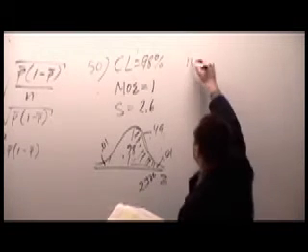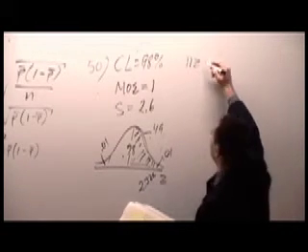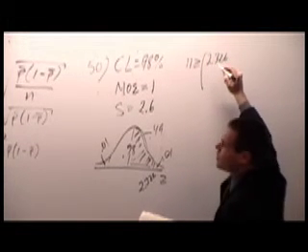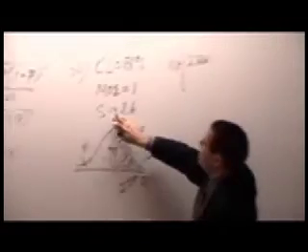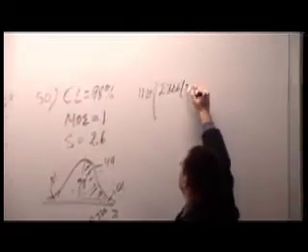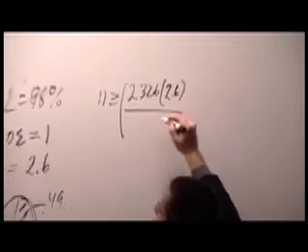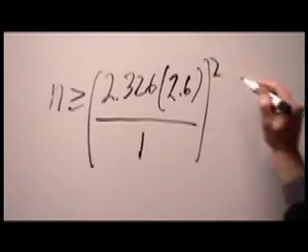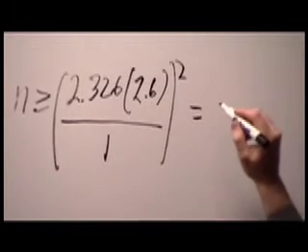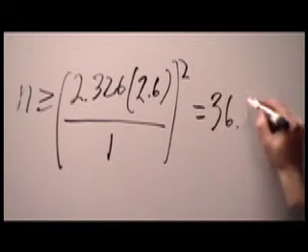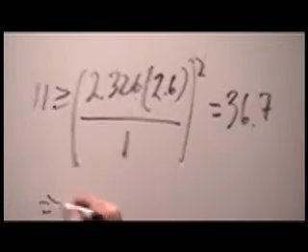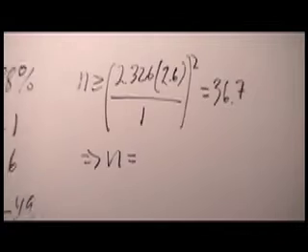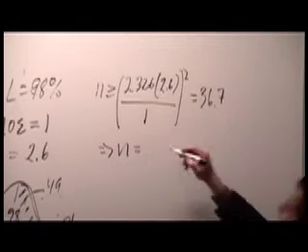So n is greater than or equal to 2.326 times 2.6, divided by the margin of error, squared, and that's 36.7, which means that n is equal to what? 37.